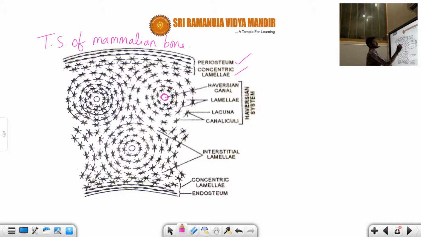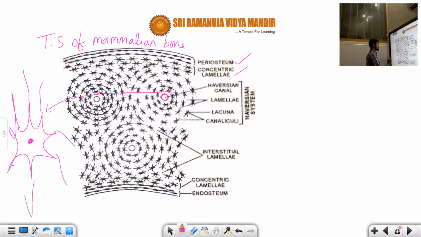Now you may observe the black color spots. What does one black color spot represent? That is called the bone cell. The appearance of the bone cell is like this. And this is the nucleus, and this is the cytoplasm, and this is called the cytoplasmic process.